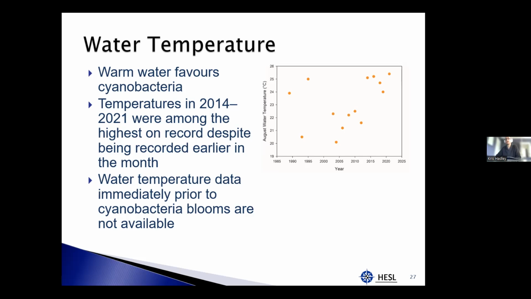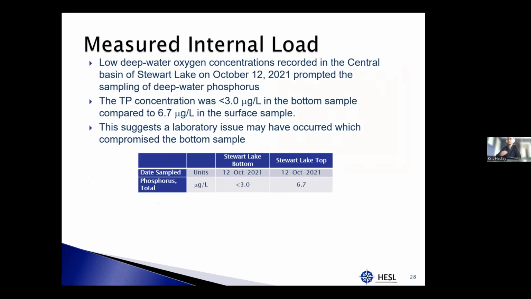You get a snapshot of what the water quality is in time when you go out onto the lake. But if the bloom's not actively occurring at that time, or if you can't get water temperature data immediately before a bloom or leading up to a bloom, it's very difficult to make those direct links. So what we'll try and do later in the climate section is use air temperature, where we have a more complete record, as a proxy for water temperature and see what we can find in that data.